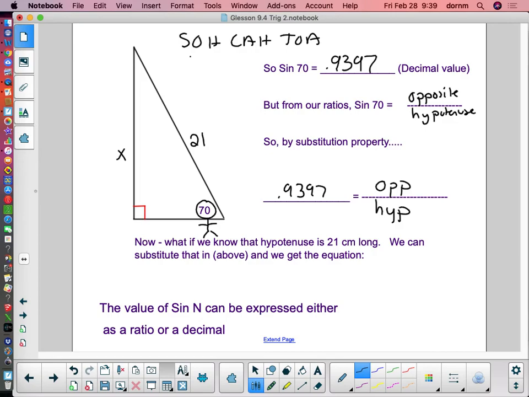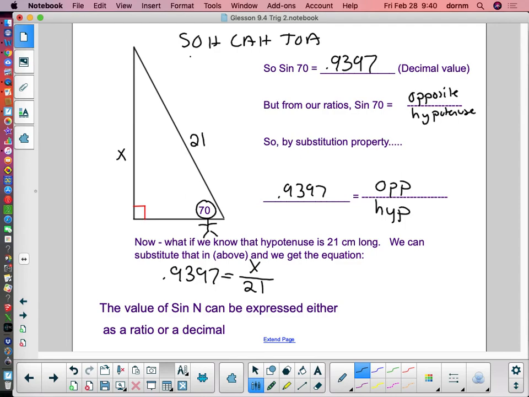So we could substitute into this little equation: 0.9397, the sine of 70, equals the opposite over the hypotenuse. Can I now solve for x? Algebra-wise, can I do my algebra now?